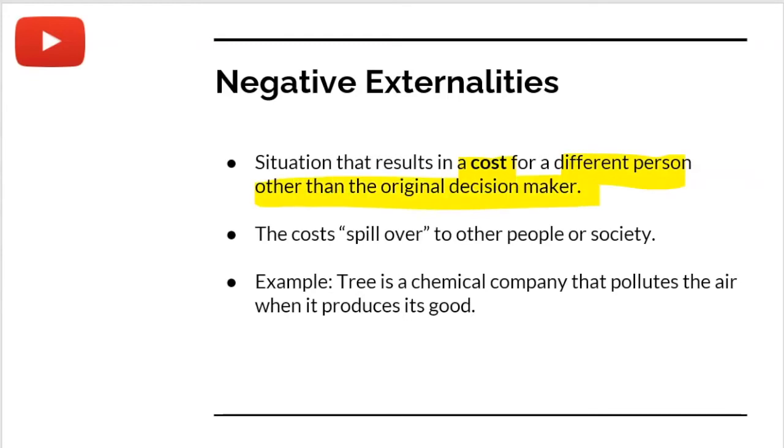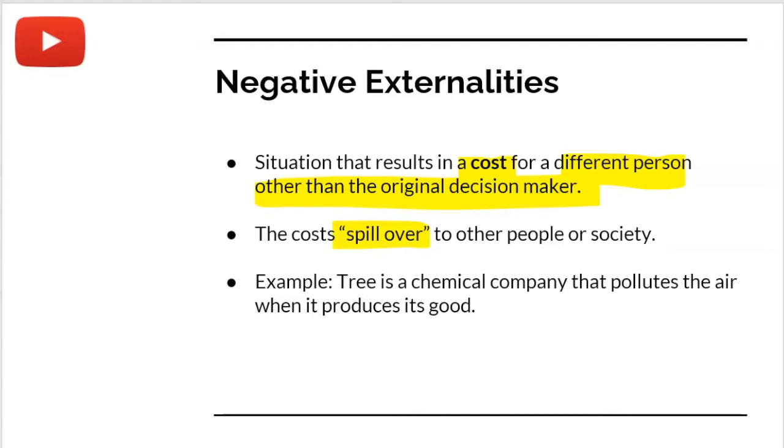In other words, if citizen A or company A takes an action, they do not take into account how their action is going to negatively impact other people or society at large. These costs, in quotes, spill over to other people or society.